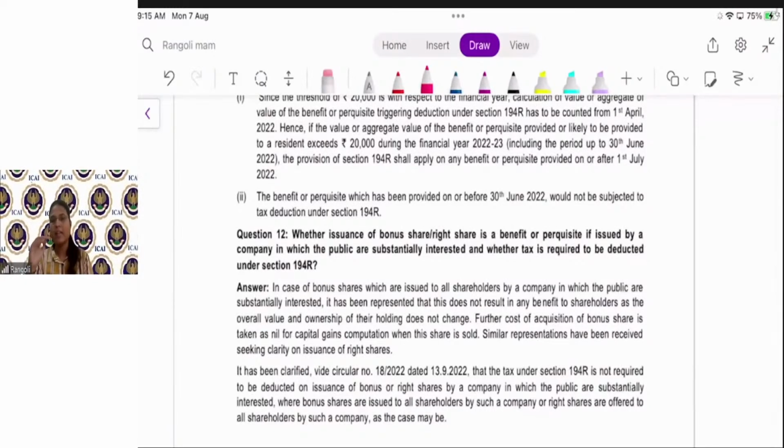And at the time of sale of bonus share, the cost of acquisition is nil. So the seller of bonus share will offer the entire sale consideration as capital gain. So in that case, issue of bonus share or right share is not considered as benefit or perquisite, and TDS is not required to be deducted under section 194R. Clear, everyone?